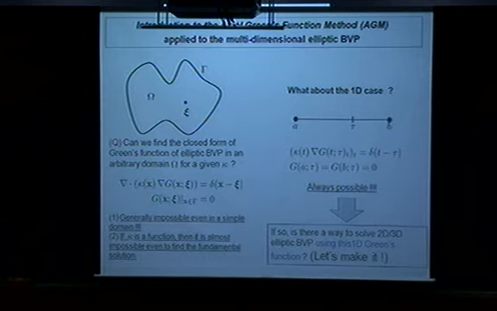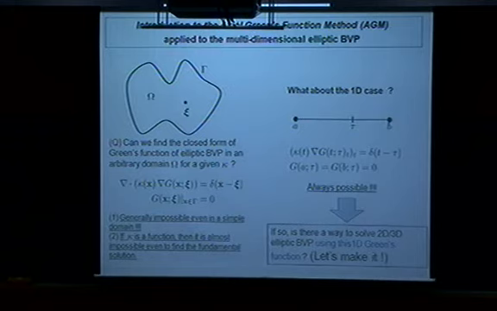If so, my goal is: is there a way to solve 2D or 3D elliptic boundary value problems using this 1D Green function? We call this 1D Green function the axial Green function. Axial Green function means we take the 1D Green function only. It's not a higher dimensional Green function, just a 1D Green function.